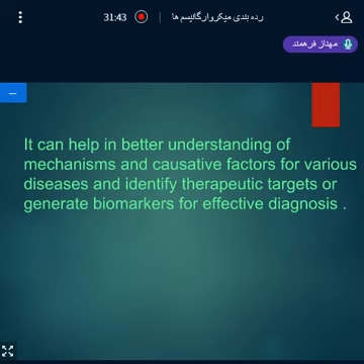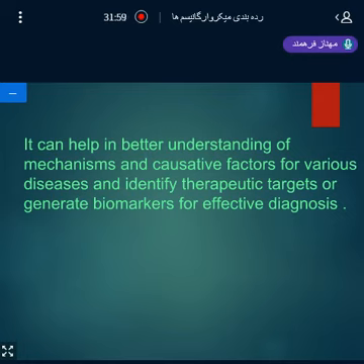Okay, it can help in better understanding of mechanisms and causative factors for various diseases and identify therapeutic targets or generate biomarkers for effective diagnosis.